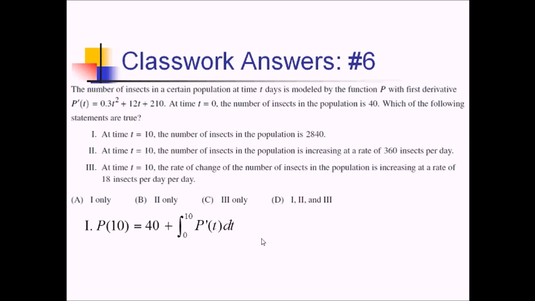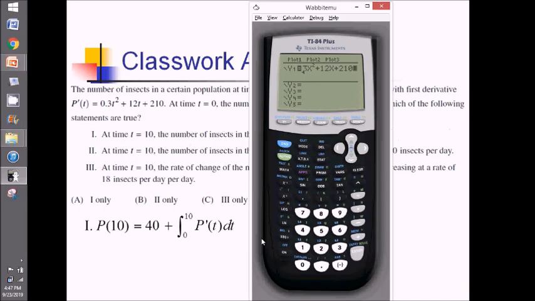And for that, I'm going to use the calculator. So I've got 40 plus math 9, integral 0 to 10. And now I stored p prime as my y1, so I'm going to do alpha trace y1 dx. And all of this comes out apparently to 2840.